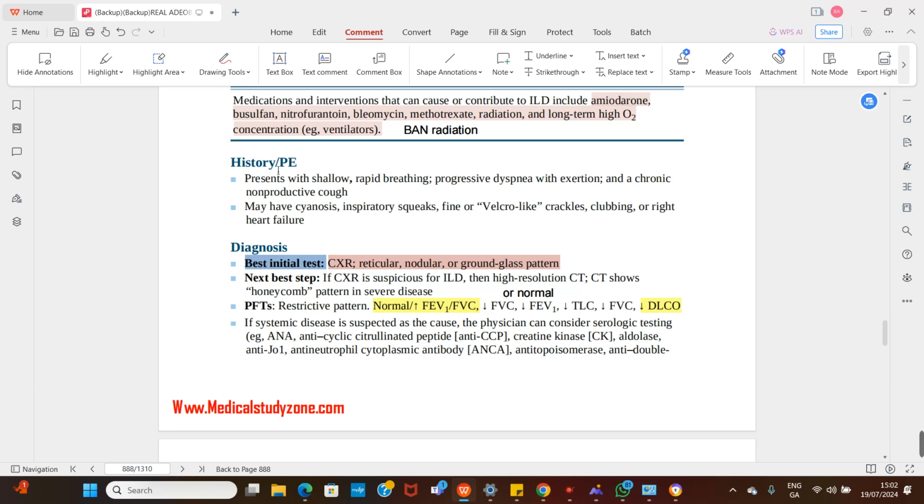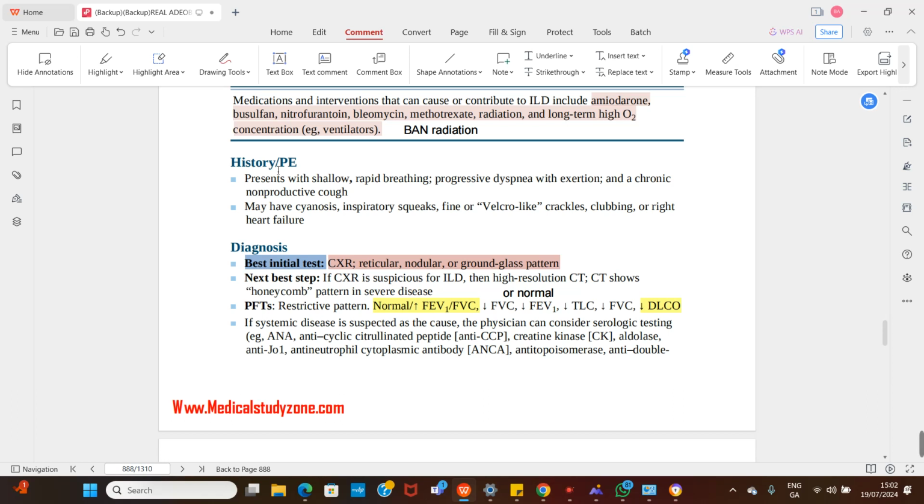Their breathing is usually shallow and rapid because they want to ventilate. They want to take in air. They want to take out CO2. Minute ventilation is a product of your tidal volume and your respiratory rate. Now, what do you think will happen to the tidal volume of somebody with restrictive lung disease? Anybody can just reason it out.